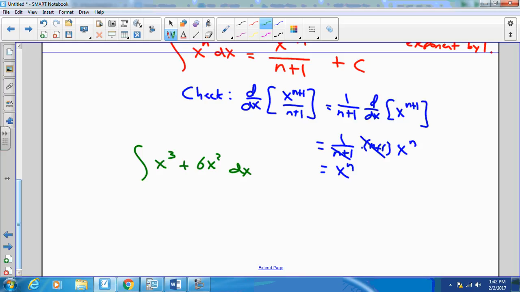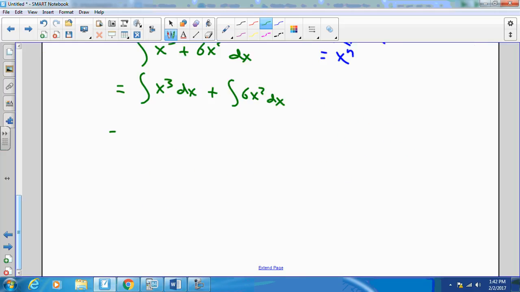Okay. So looking at this, first I observe that I am taking the antiderivative of a sum. So I'm going to go term at a time and use the sum rule to break up my antiderivative integral. Next, I'm going to use the constant multiple rule, but here I'm going to be very clever.